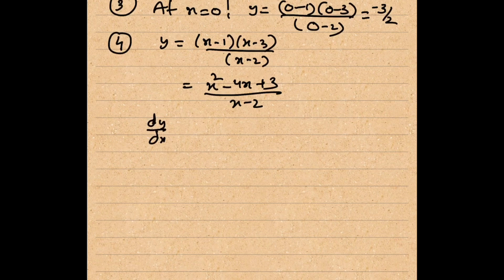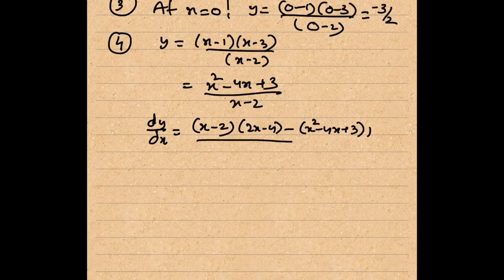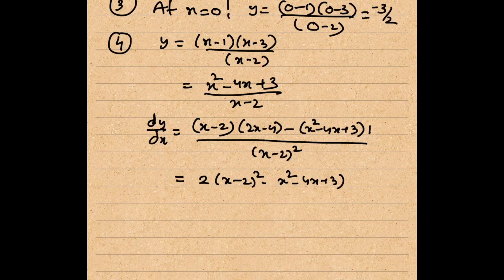If I differentiate, dy by dx, then applying the quotient rule, I will write (x minus 2) into (2x minus 4) minus (x square minus 4x plus 3) into 1, whole divided by (x minus 2) whole square. Then let's take 2 common here. So I will get 2 times [(x minus 2) whole square minus (x square minus 4x plus 3)] divided by (x minus 2) whole square.